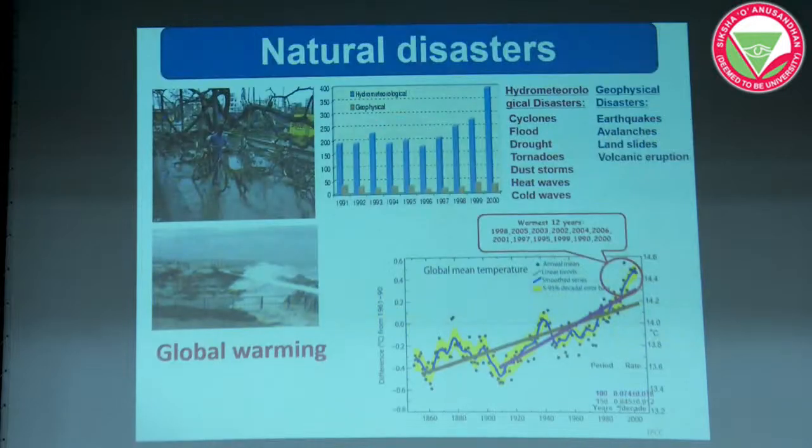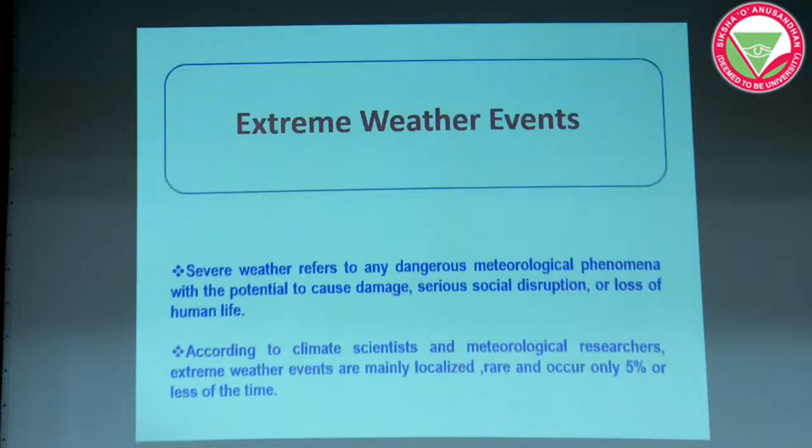You see that global warming and natural disasters are interlinked, and this is a picture of the famous 1999 Odisha super cyclone.